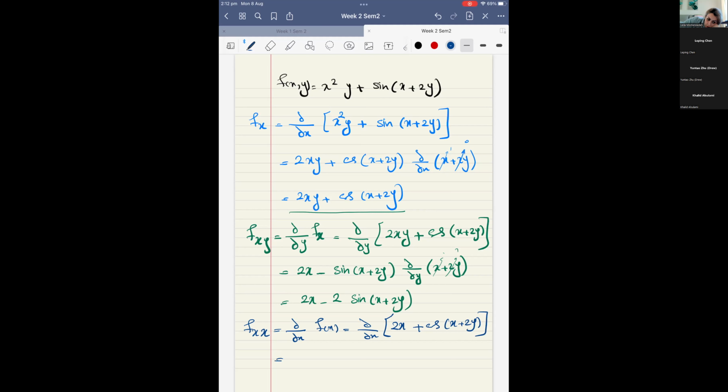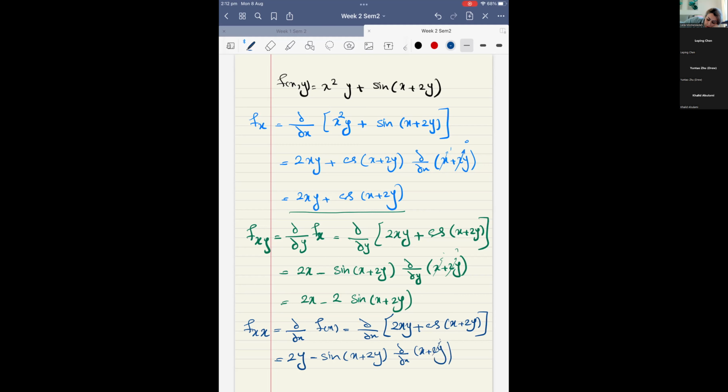It would be equal to the derivative of 2xy, which is 2y, minus sine of x plus 2y times partial x of x plus 2y.